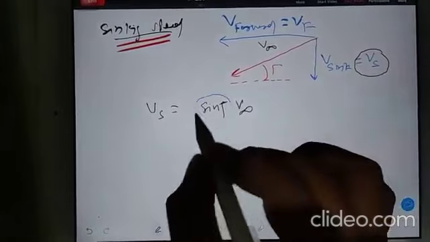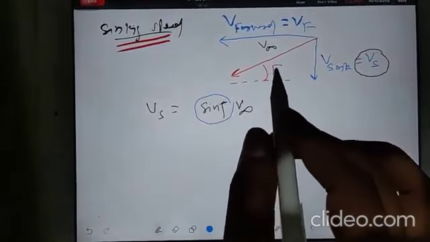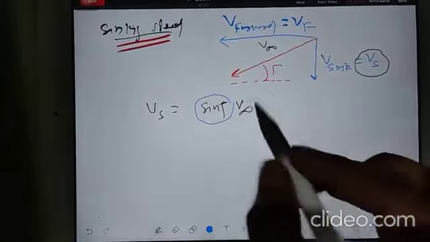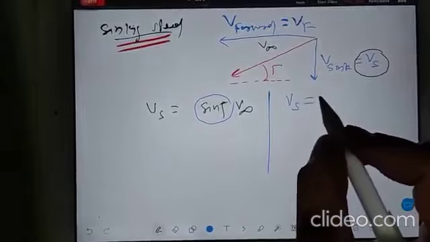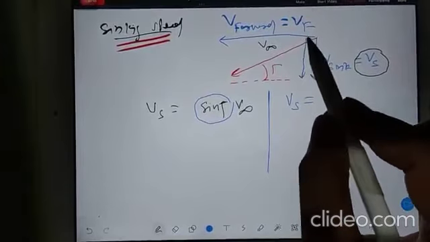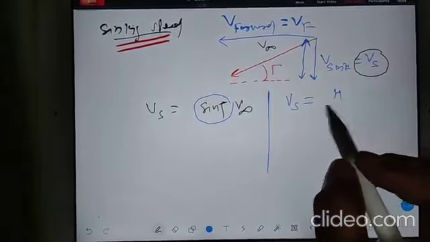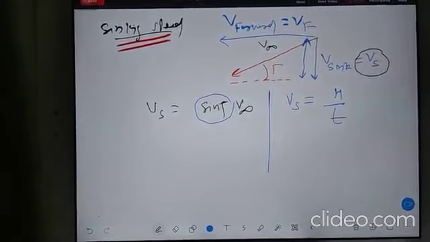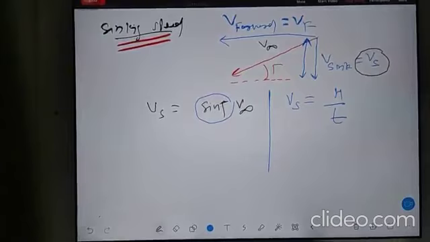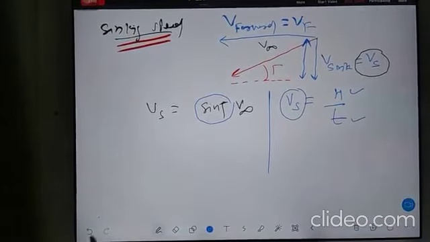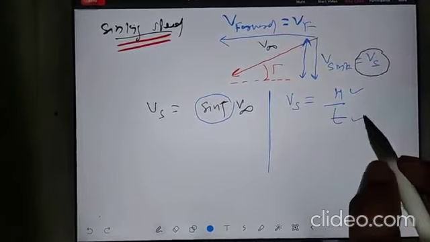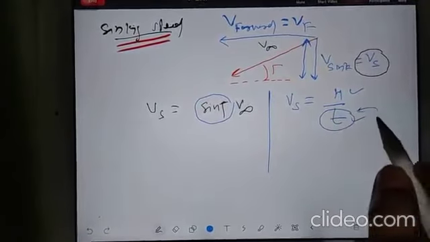So in this sine only you have all the important factors. Side by side, you know that your sinking speed is nothing but you are coming in this direction, so this height and how much time you want. Or this height by time only you can calculate this. This time we call endurance.